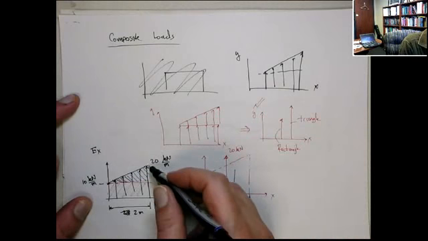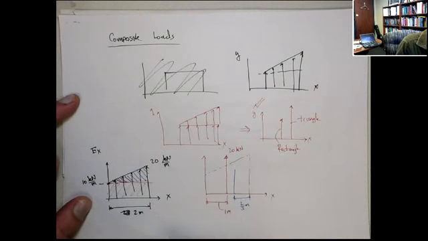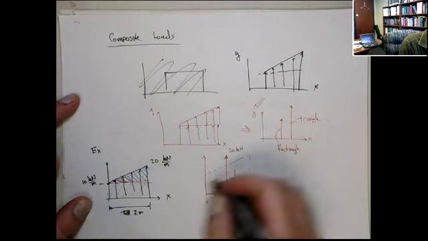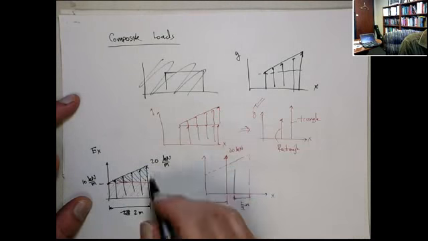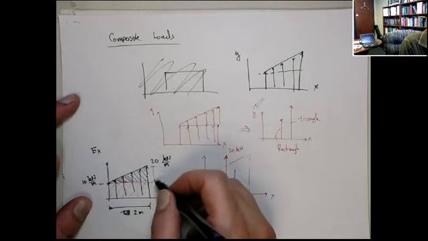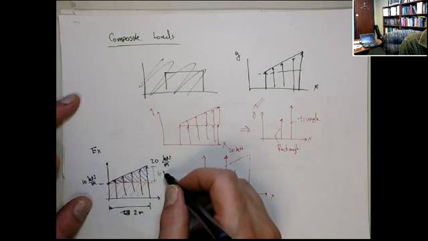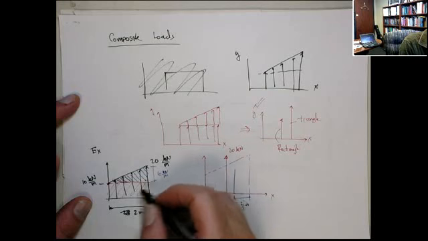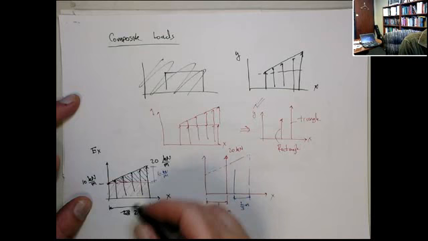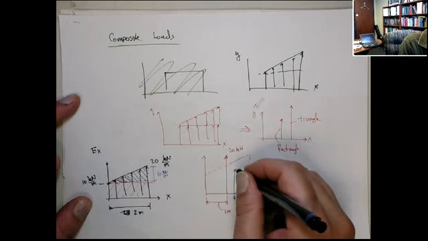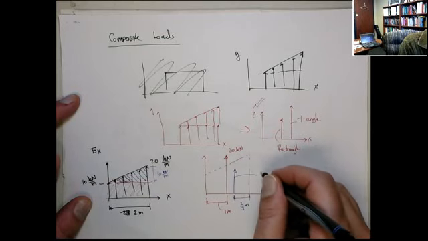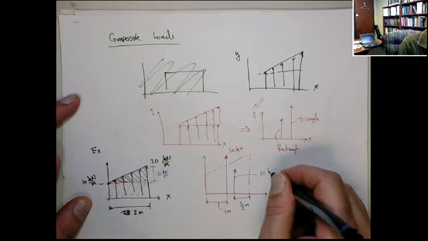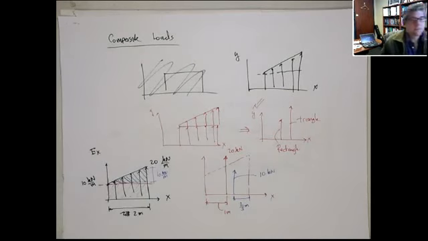In this case, the height is... I screwed this up, I'm sorry. The height here is 10. Yeah, that's right. So the height here is 10 kilonewtons per meter. Base is 2. 1/2 of that stuff, 10 kilonewtons. Okay? So you would have both those forces acting. That would be equivalent to that one.